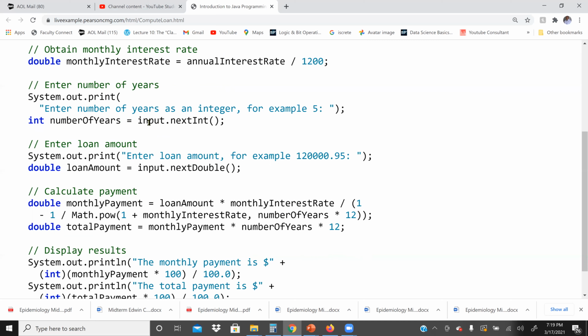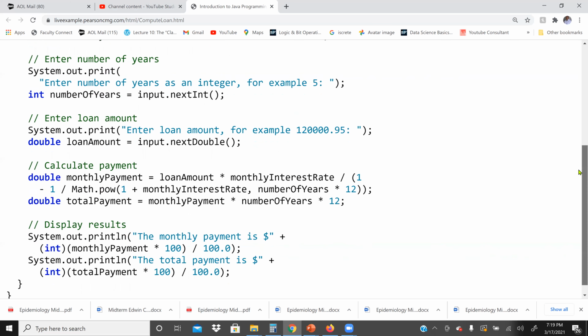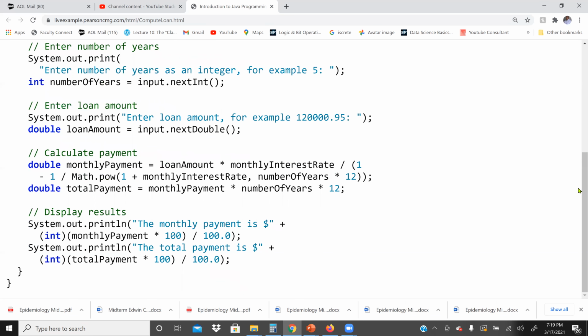We only need to create the input object once using the Scanner class. So next we enter the loan also, and the loan will be a double, the loan amount. Okay, so we got our information now, our input.